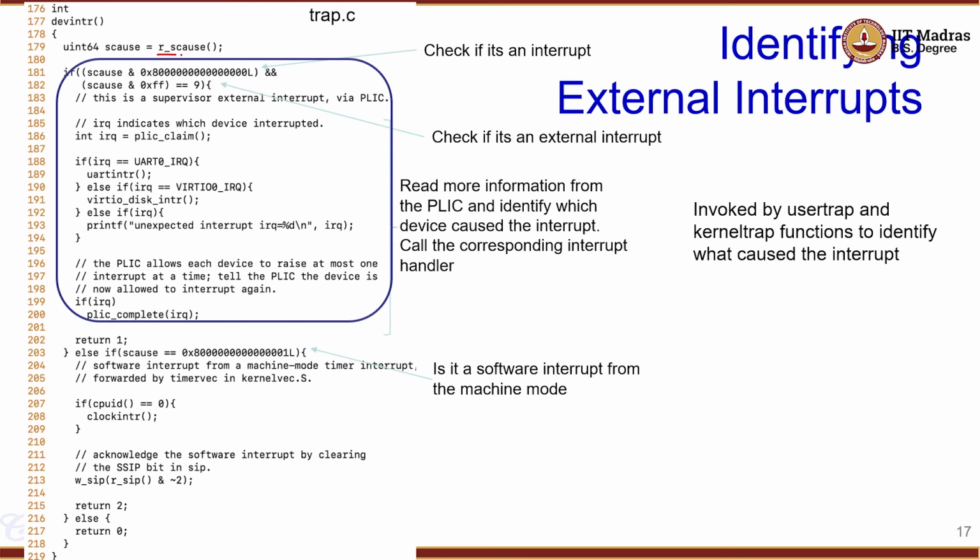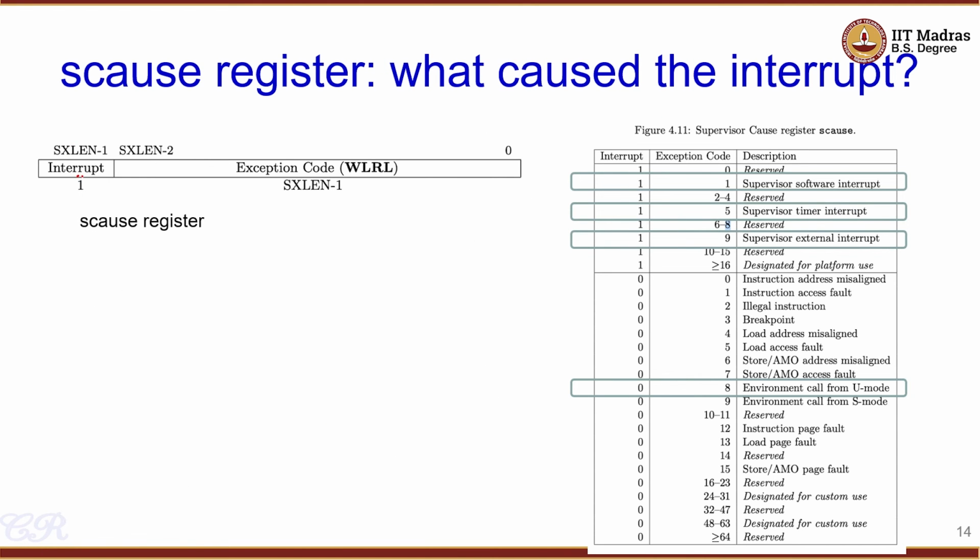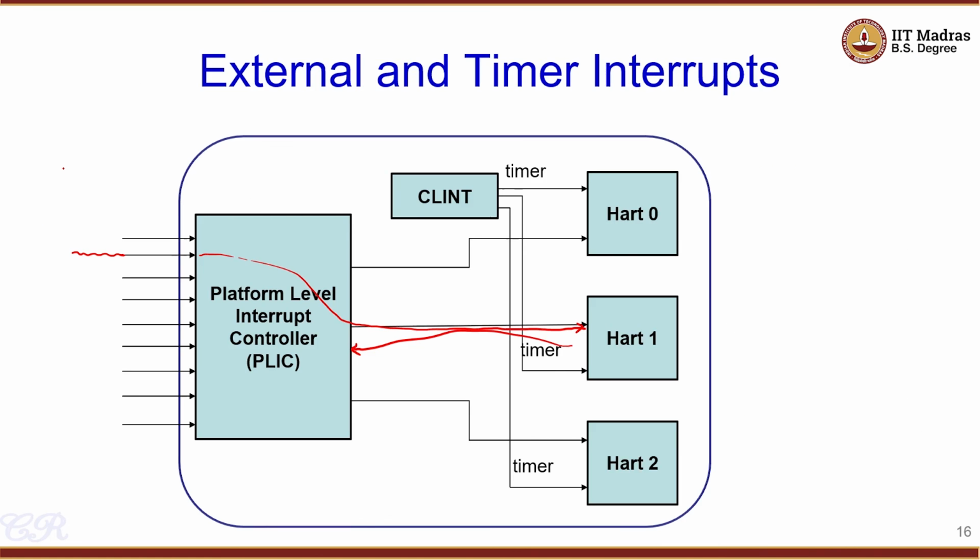First of all, it reads the scause register, and notice that it is checking the most significant bit over here, which corresponds to this bit. This is a single bit, and it is set to 1 if it is due to an interrupt, a timer interrupt, or an external interrupt.